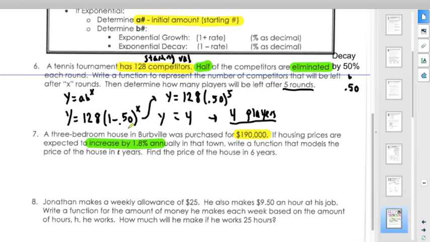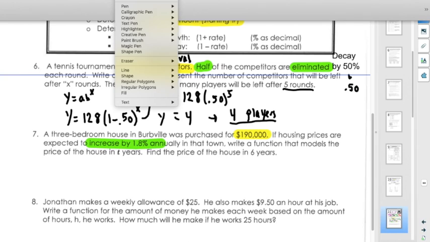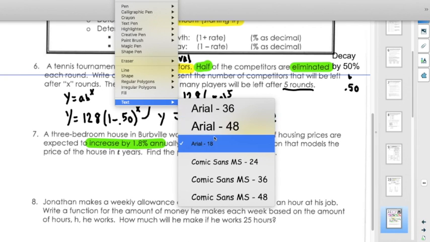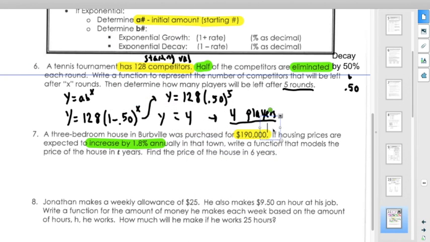We're going to stick with y, but it gave us everything we need. It gave me my A, my initial value, and it gave me whether I'm working with growth or decay.